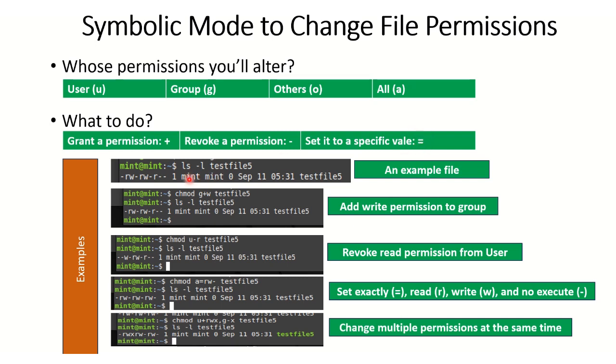Now here are some examples. The first example is adding a write permission to group. We use G plus W symbol as an argument.